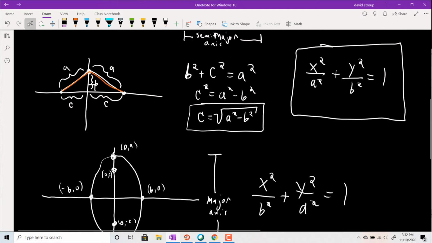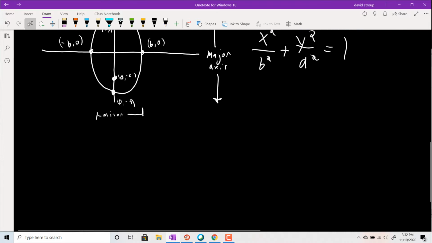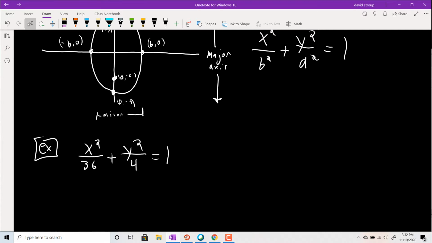Okay, so in general, the bigger number tells you the orientation. So, for example, if you had x squared all over 36 plus y squared all over 4 equals 1, this would be oriented with the major axis on the x-axis because the 36 is with the x.